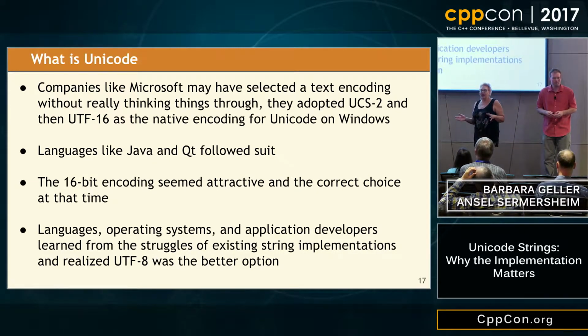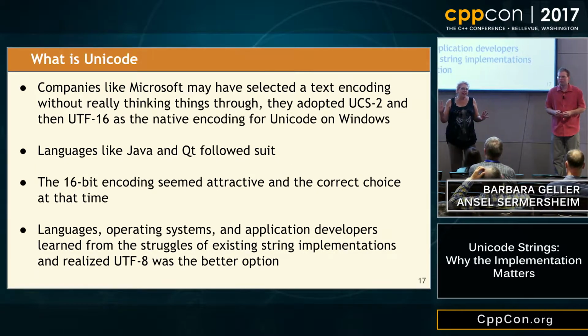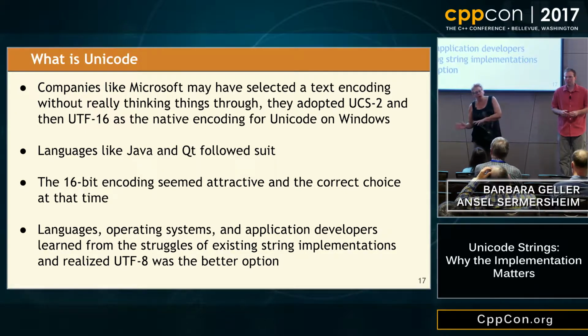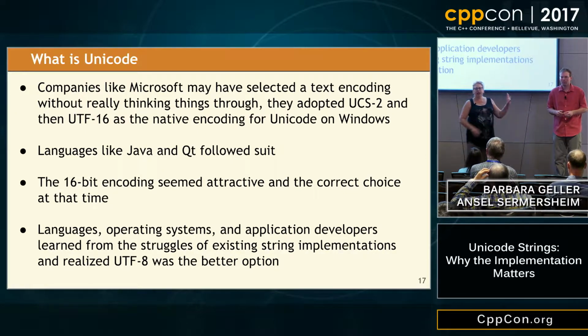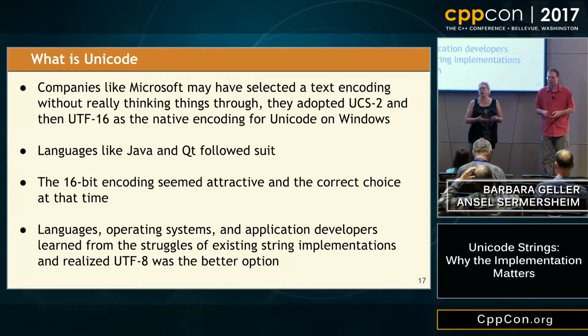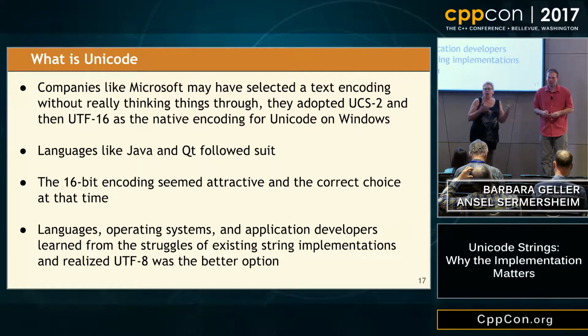We use UTF-16, and in some ways, looking back now, we didn't really think this through. In fact, the Unicode Consortium felt the same way. Now we're partway through, everyone is using UTF-16, what do we do?